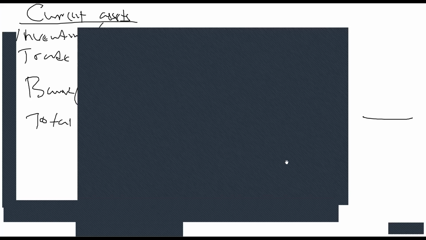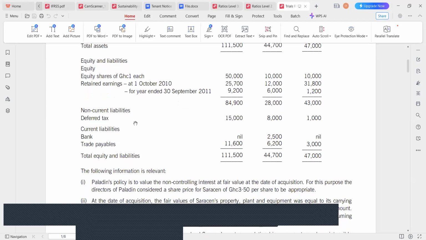Next. Under the equity, you only write equity shares and the retained earnings.